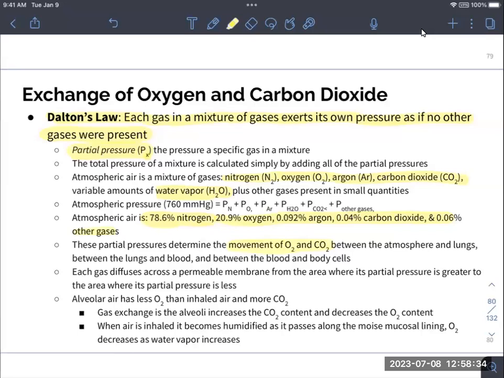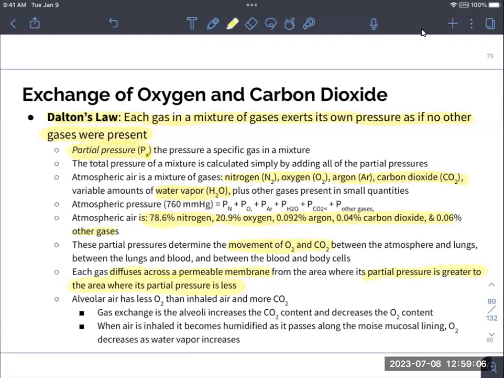So these gases diffuse across that membrane, again, from an area where that partial pressure is greater to that area where that partial pressure is less. So we still apply that same theory where anything moves from an area of high concentration to an area of low concentration. It happens all over the body.